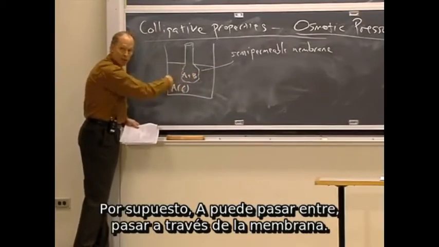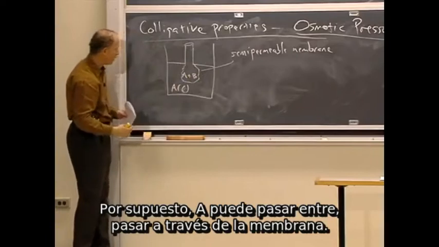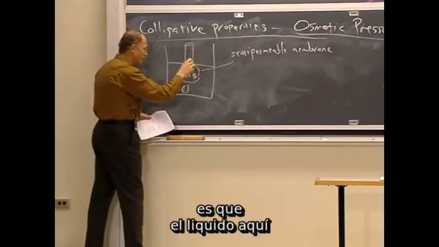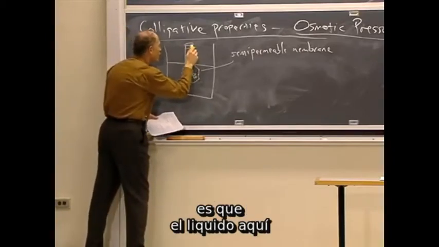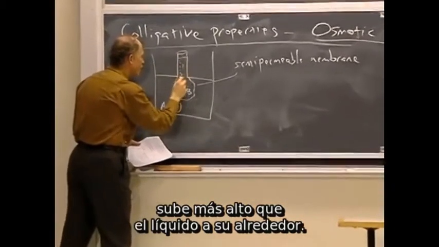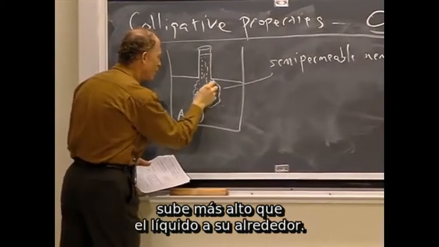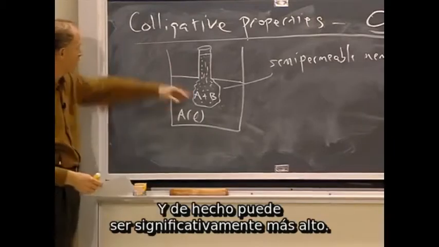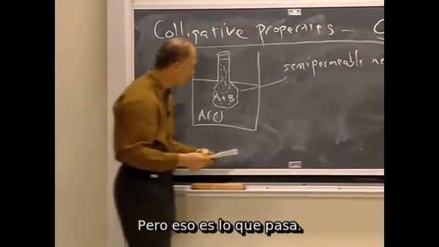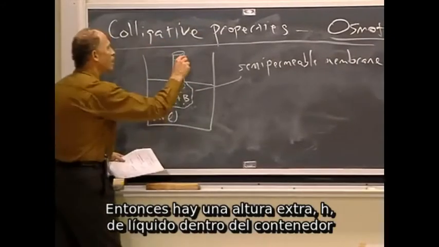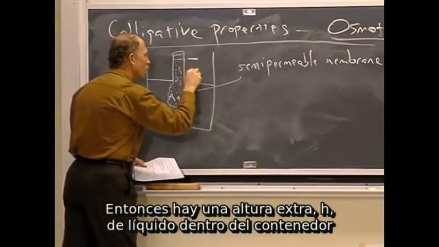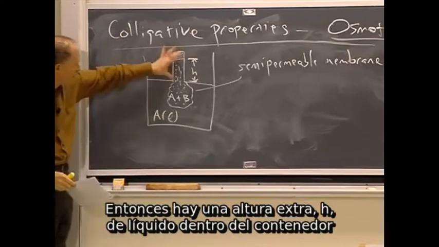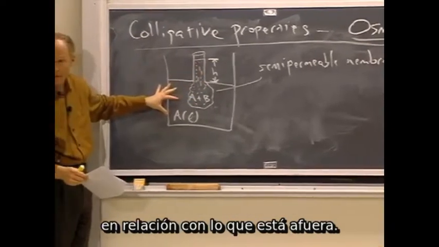Of course, A can pass through the membrane. And so what ends up happening is, if you just look at the situation, what you immediately notice is that the liquid in here goes up higher than the liquid around it, right? It's at a higher level. It seems counterintuitive at first, and in fact, it can be enormously higher. But that's what happens, right? So there's this extra height, h, of liquid inside the container relative to what's outside it.